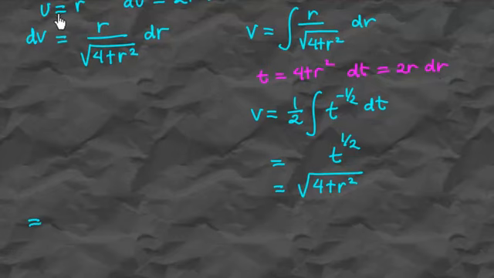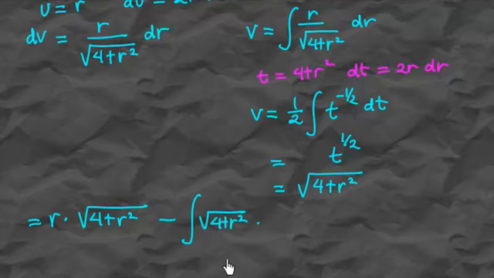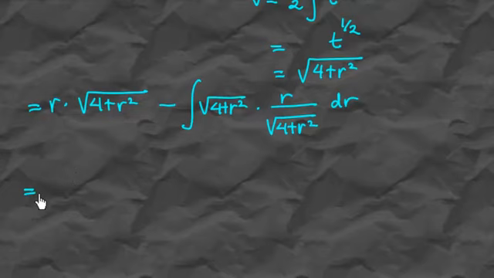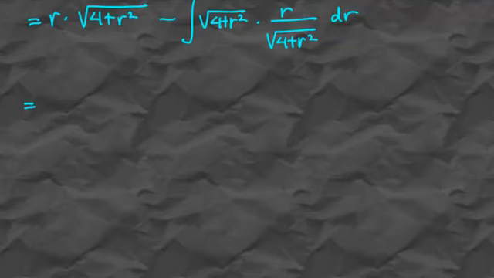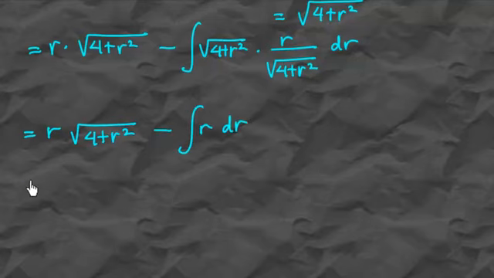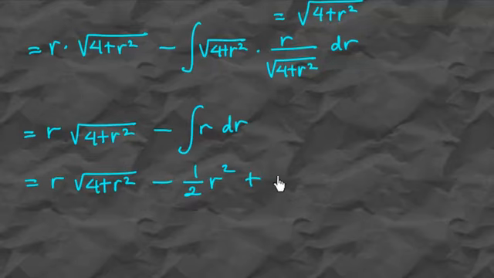So the integral is equal to uv. u is r times square root of 4 plus r squared, minus the integral of v du, which is square root of 4 plus r squared times r over square root of 4 plus r squared dr. So we have r times square root of 4 plus r squared minus the integral of r dr. Therefore, we have r times square root of 4 plus r squared minus half r squared plus a constant.